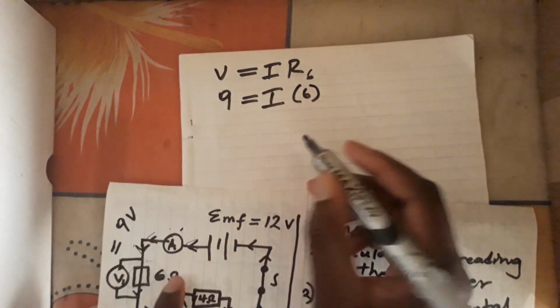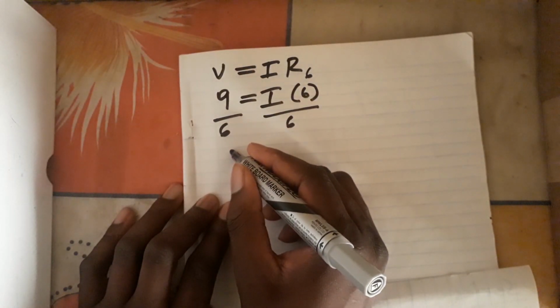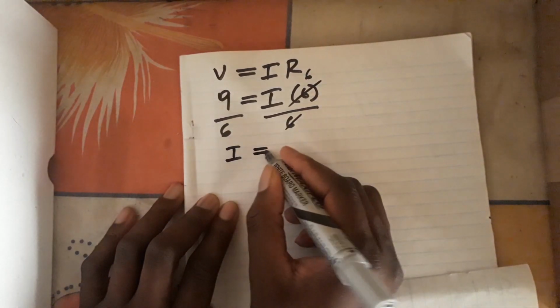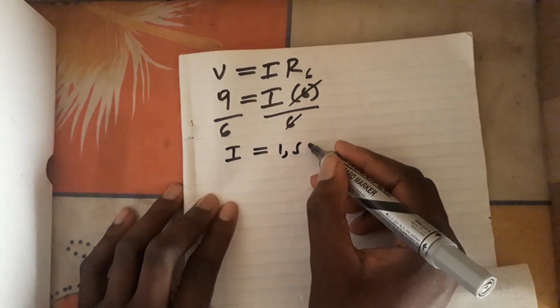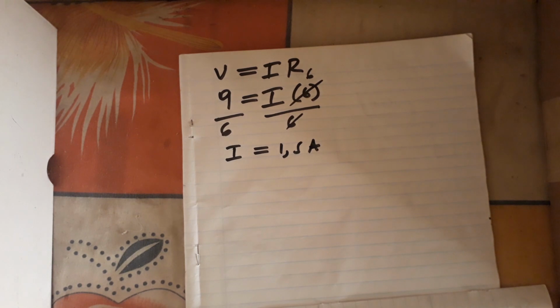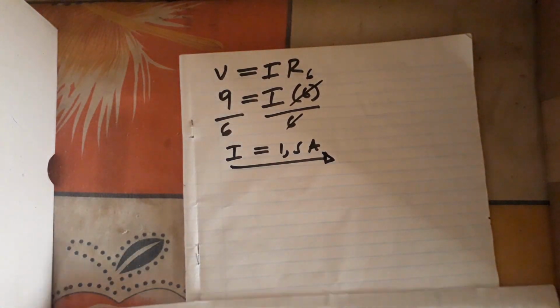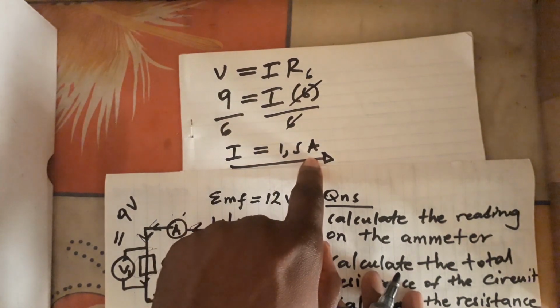And then you know that you're gonna divide both sides by 6, and this is gonna give you I equals, because this is going to cancel with this, and then you're gonna get 1.5 amps, because current is measured in amperes. So this is your current, meaning that the reading on A is equal to 1.5 amperes.